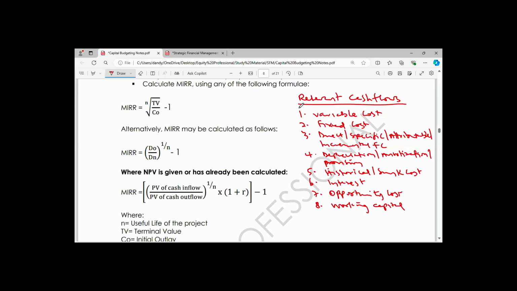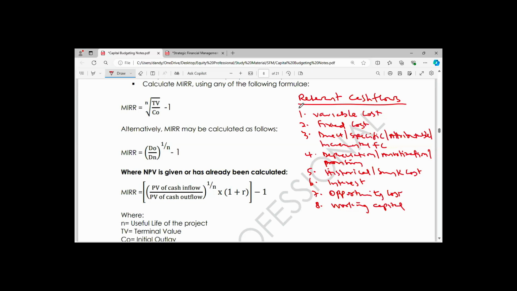I repeat, the examiner may say fixed cost, including depreciation, 100,000 naira. That 100,000 naira is not relevant as it stands; however, the examiner wants you to make adjustments. Therefore, you need to go ahead and calculate annual depreciation.